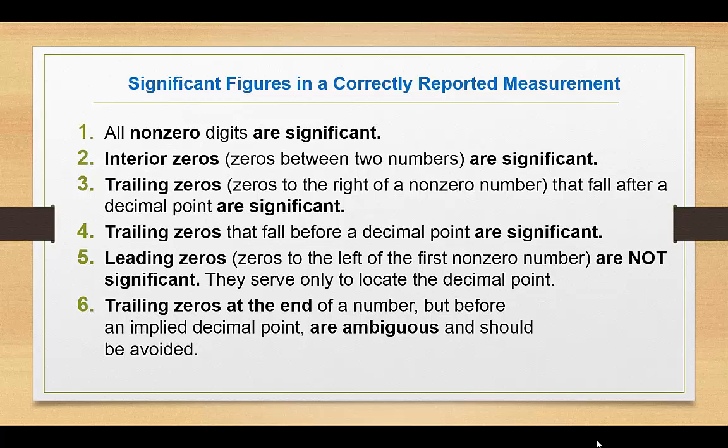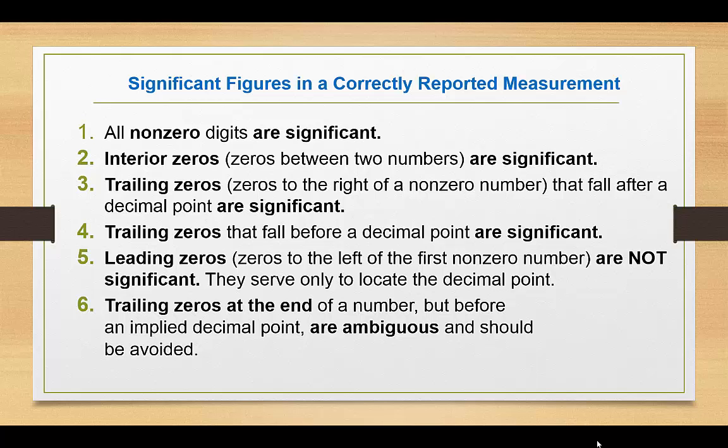Now, if you have trailing zeros and you have a decimal point anywhere in the number, those zeros are significant. So trailing zeros that fall after a decimal point are significant. Trailing zeros that fall before a decimal point are significant. Okay. The key word there is decimal point. Gotta have that in there.